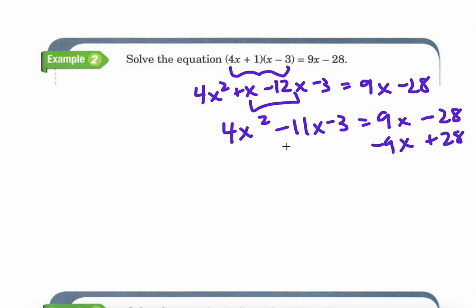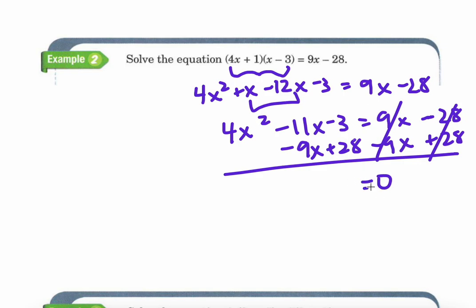So that I have everything together, combine my like terms, have a 0 here, and I end up with 4x squared minus 20x plus 25 equals 0.